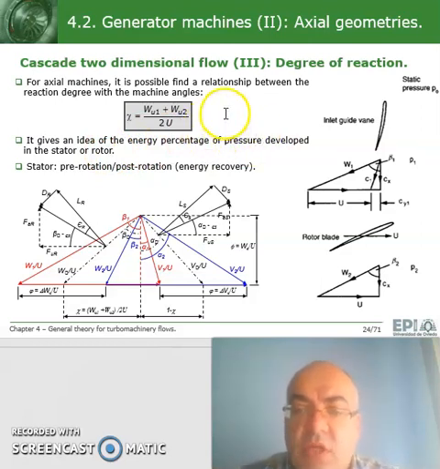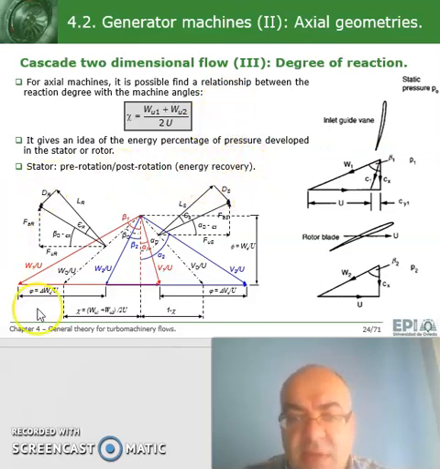Remember, it's the quotient between the pressure term over the total term of the head. And here we have the typical description of the velocity triangles, inlet and outlet for a given machine.